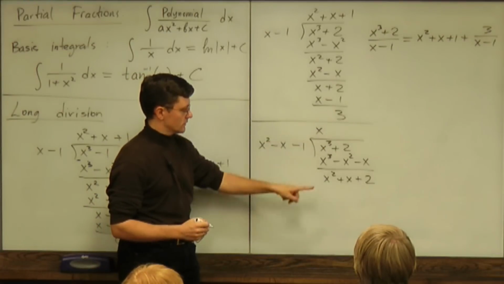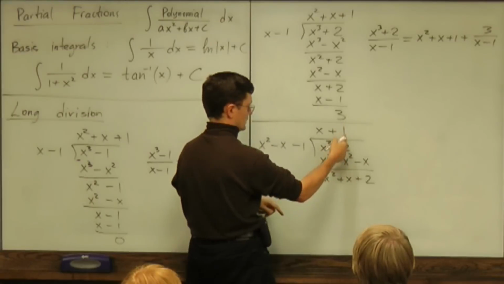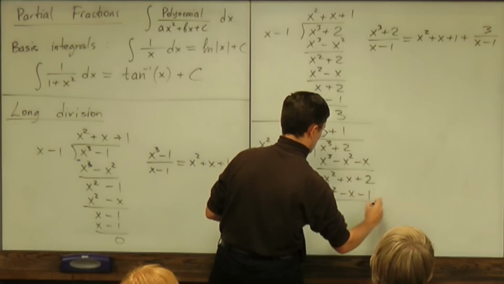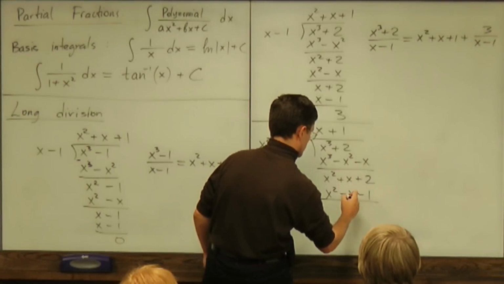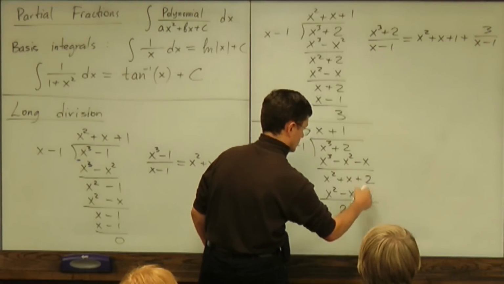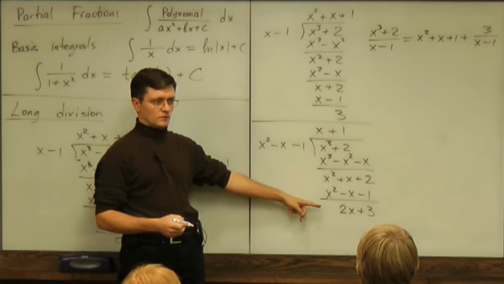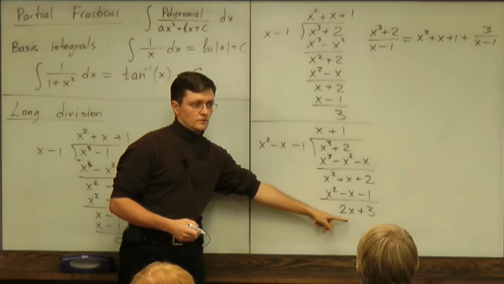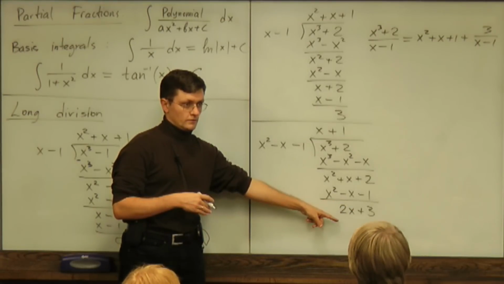Now what do I do next? I add 1. If I multiply by 1, I get x squared minus x minus 1 there. I subtract, x squared cancels. I have x plus x, 2x plus 3. What do I do next? Can I multiply this by some power of x to get 2x? No way, right? So that means I stop here, and 2x plus 3 is my remainder.